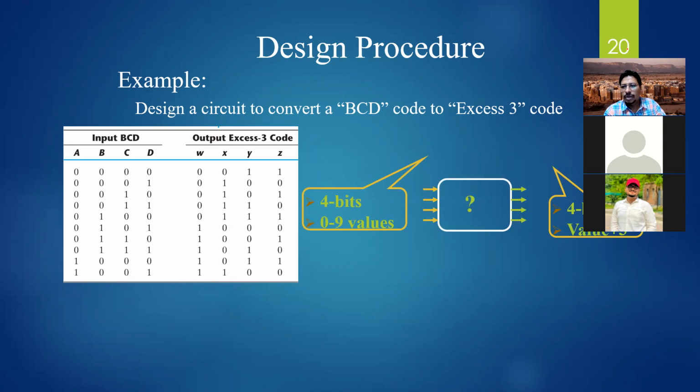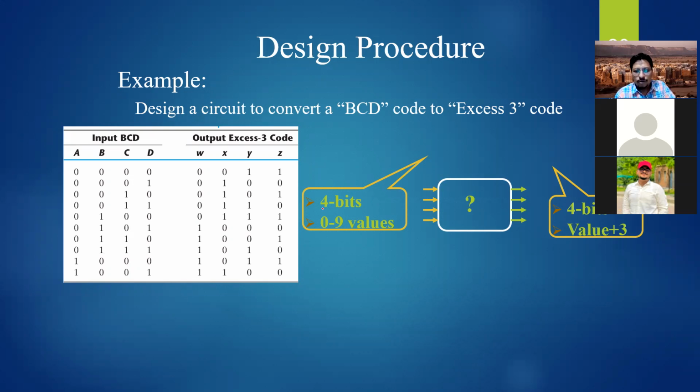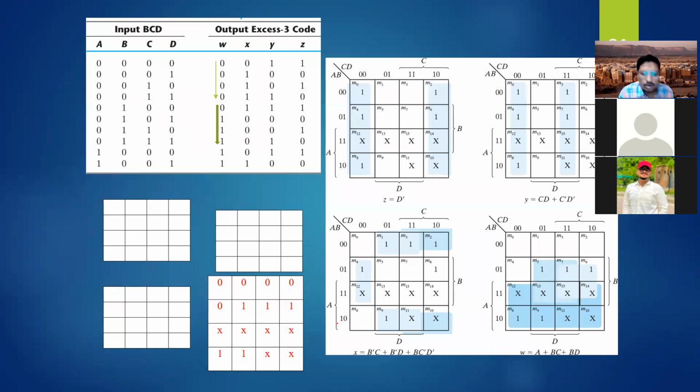So what I have to understand is that the inputs are 4 bits from 0 to 9. The output is 4 bits with the value plus 3, which is the excess-3 code. Okay. Look here. Now, for the first output, which, for example, was W, I have it here.